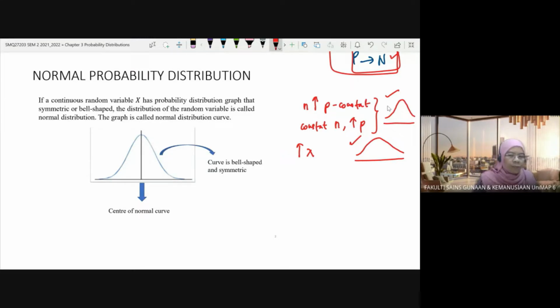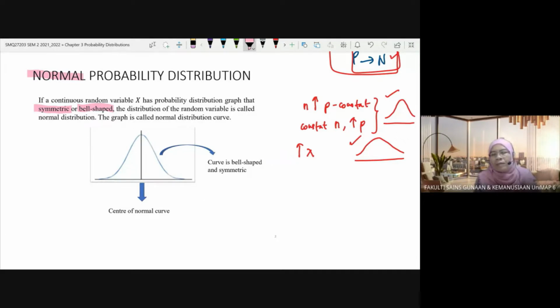If a continuous random variable x has a probability distribution graph that is symmetric or bell-shaped, the other word you learn today, apart from symmetric, is bell-shaped, or we call it normal. These three terms share the same meaning.